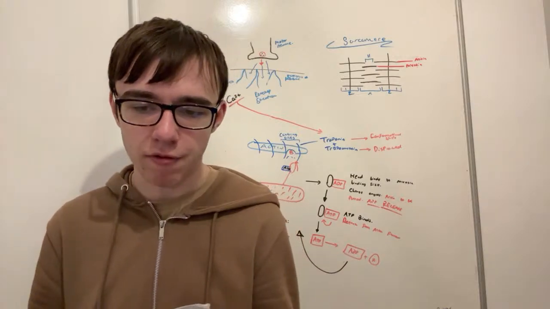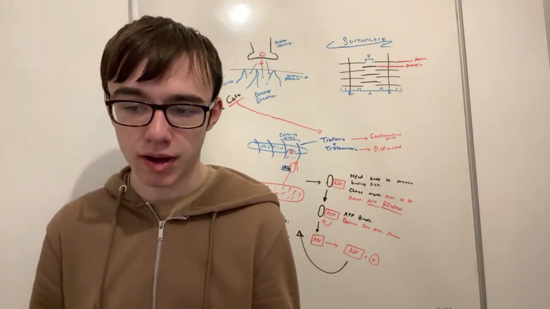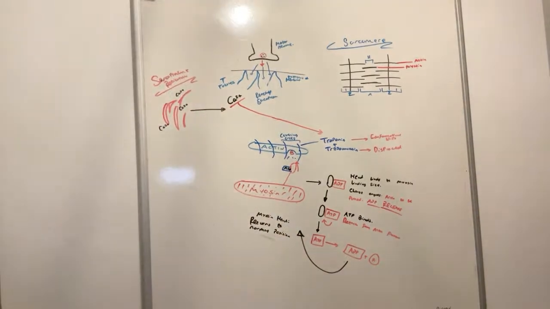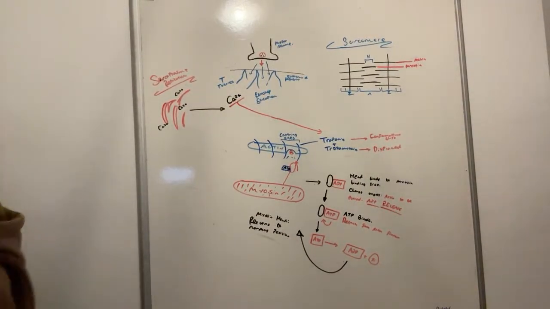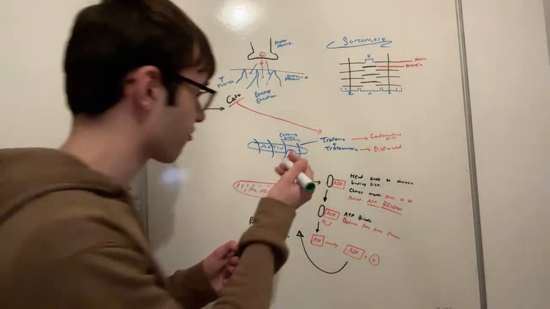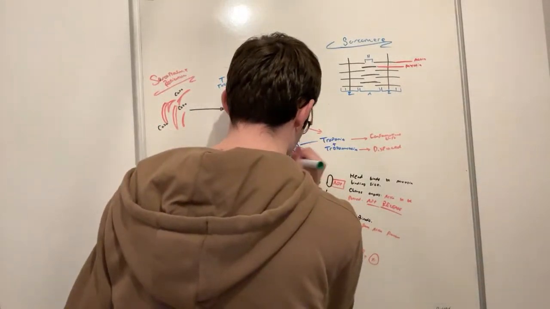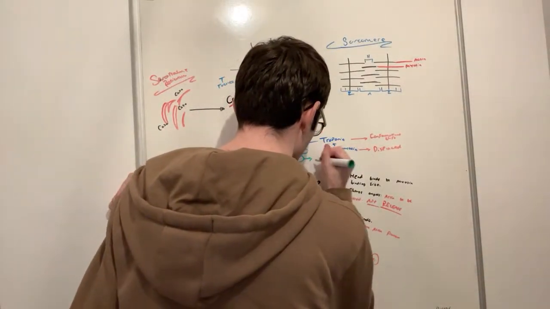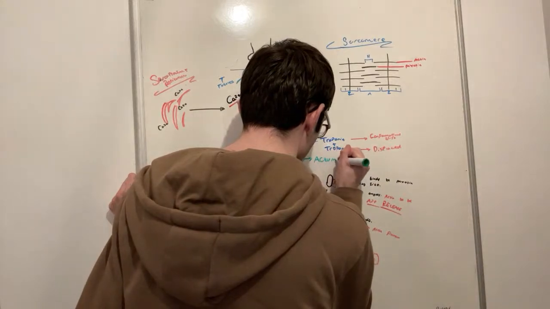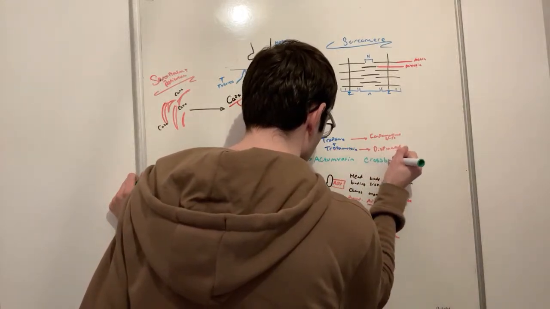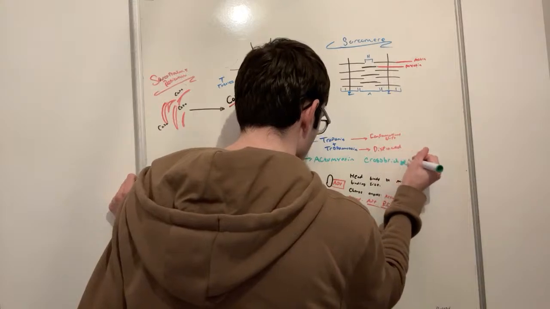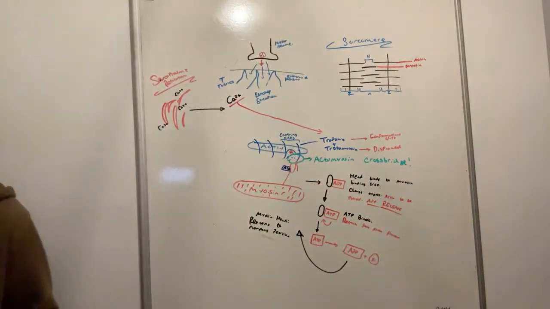Myosin heads bind with actin binding sites, forming an actin-myosin cross-bridge. That is just a very tiny but very powerful word that you can always get a mark from. That's just something I thought I should know as well.